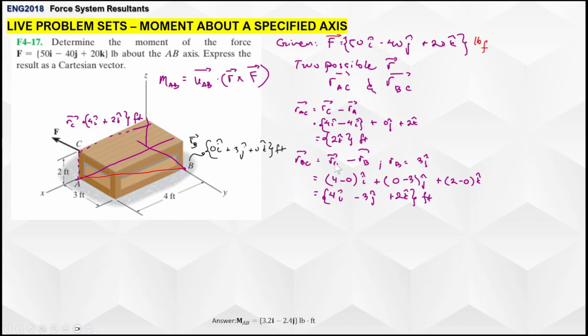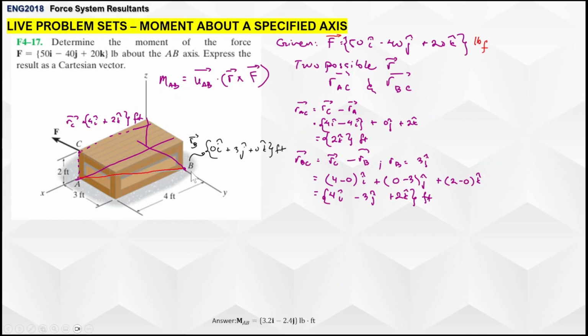And here for RBC, that will be RC minus RB, where RB here is just 3j hat, okay? So the expanded form of the equation would be 4 minus 0 plus 0 minus, since point C doesn't have a y coordinate, it's got to be 0 minus 3, that will be 3j hat, and then plus 2 minus 0 k hat.